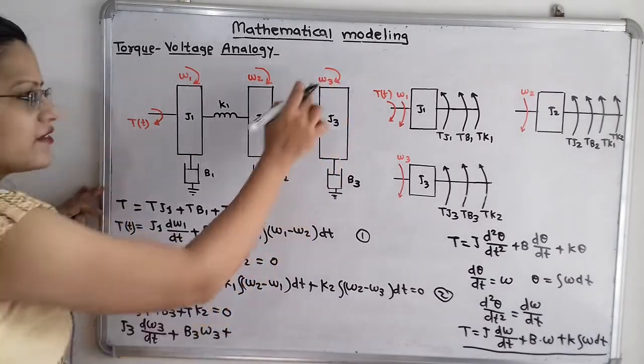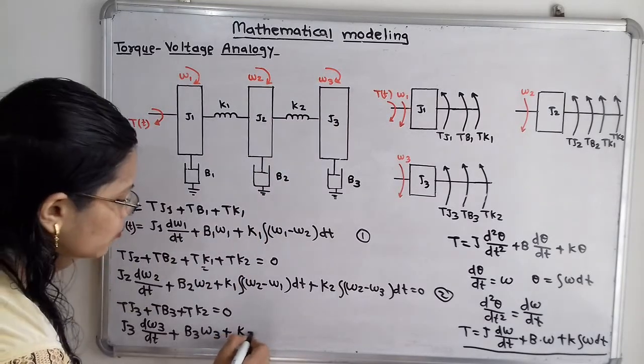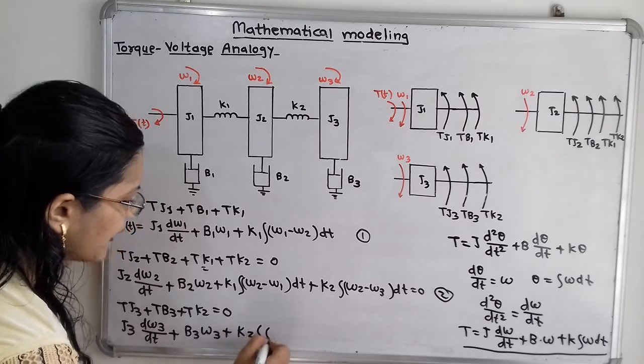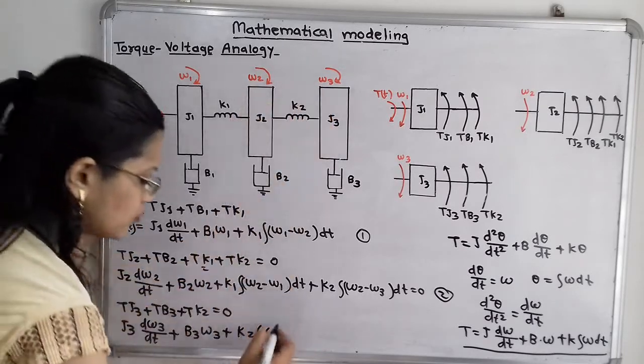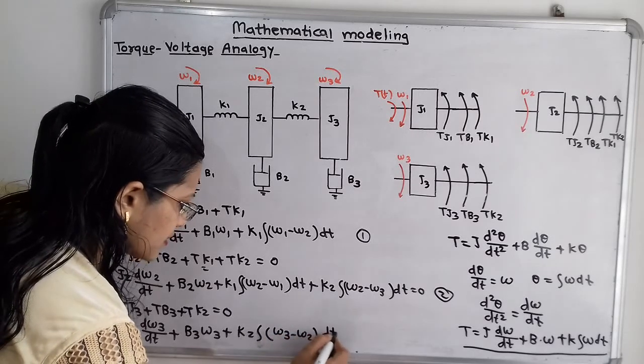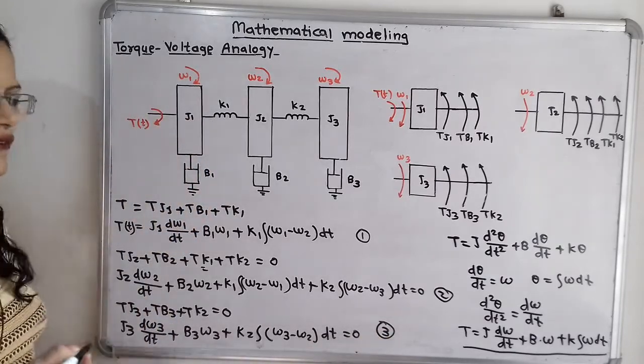So while taking the difference, I have to take omega 3 first. That is K2 in the integration of, in the bracket, omega 3 minus omega 2 bracket complete dt is equal to 0. So this is the third differential equation.